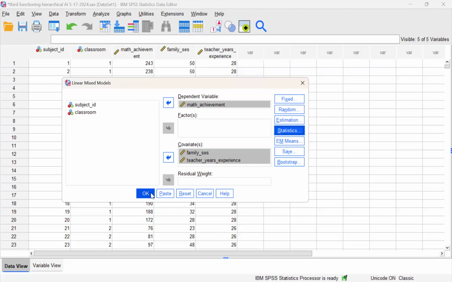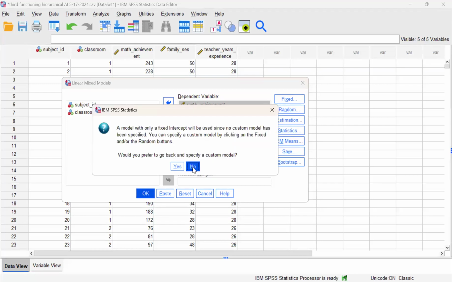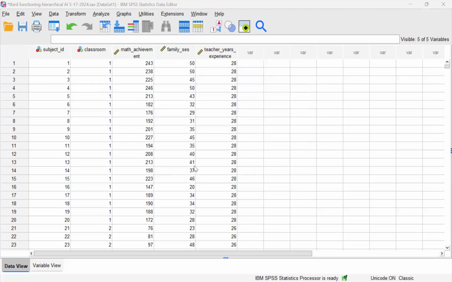Now, it's going to give us an error message, but we will override that. It's going to say, hey, you didn't specify a model. Yes, I know I didn't specify a model. Go forward anyway, say no. And you see that I have a 2-parameter model. And the 2 parameters are really the 2 components of my combined equation, the very most simple equation you can have, which gives me an estimate of the intercept, 191.